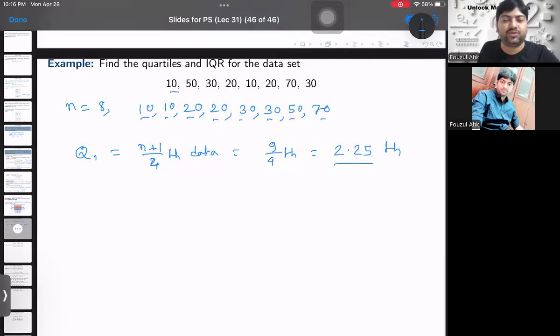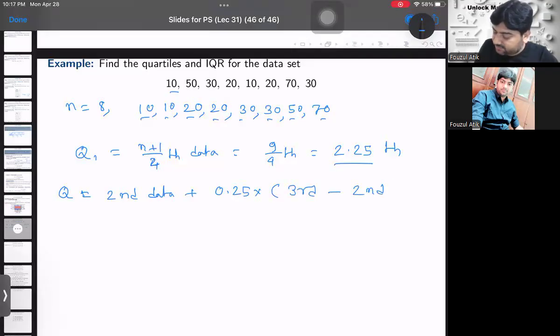But what is the 2.25th data? It is not an integer. So what will we do? We have to interpolate, right? So what is then Q1? Q1 is equal to the second data point, and we have to interpolate between the second and third values. So the second data point plus 0.25 times the third data minus the second data, right?